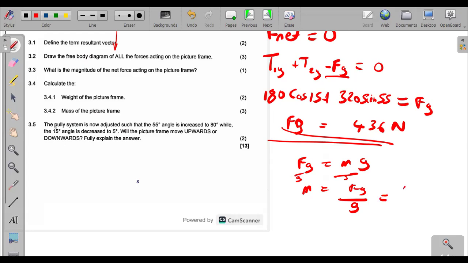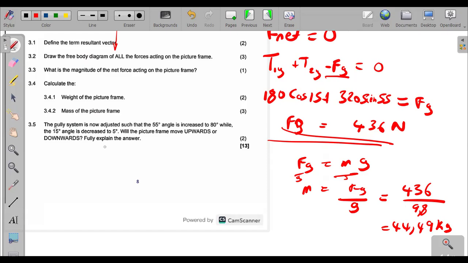So Fg, which we have just calculated, 436, divided by 9.8, gives us 44.492 kg. That's the mass of our picture frame.